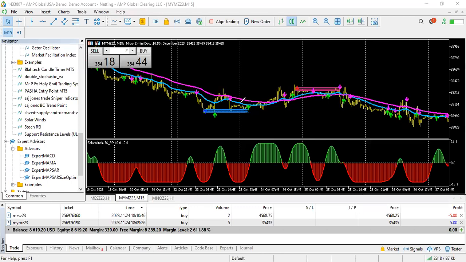Because you got a support here, you got a trend point, you got a BC, you got the solar wind crossing, and you got it crossed above, right? But you're like, oh, the market's going up. No.